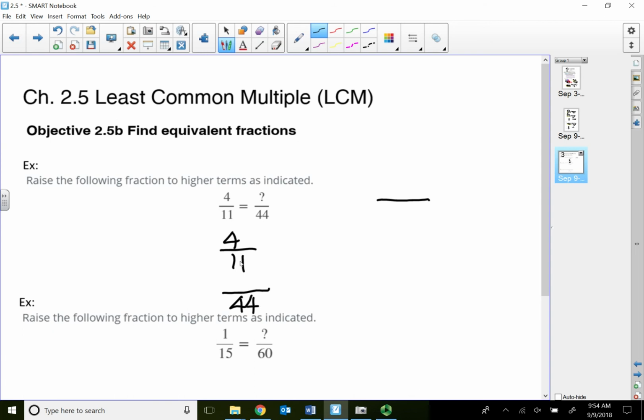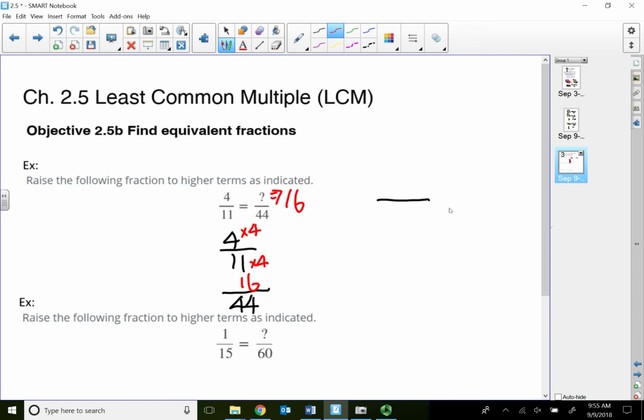That means 11 will go into 44 4 times. That means my denominator needs to be multiplied by 4 to become the new least common denominator. Therefore, my numerator will also be multiplied by 4, which is 16. So the question mark here is going to be 16.